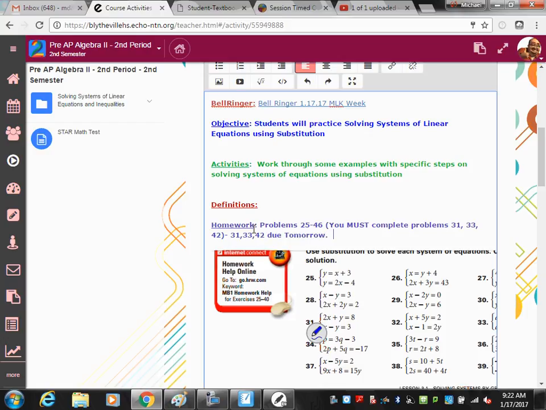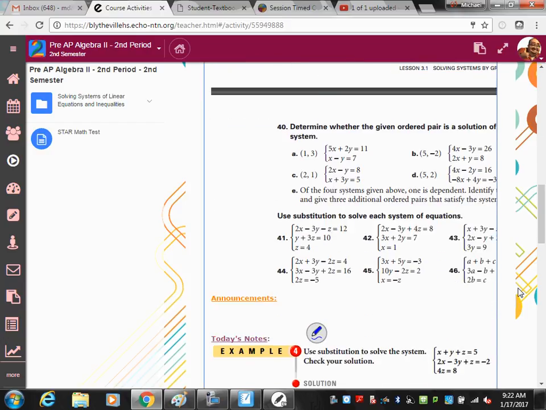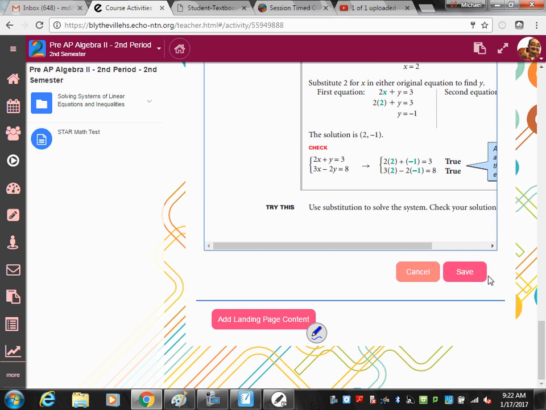Do they say it on the agenda somewhere so I can remember that? Yep. It'll be under homework. I'm about to save it. This part's not there yet. I'm about to put it on there. What just happened?